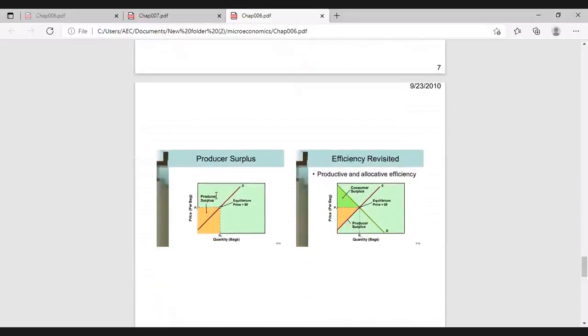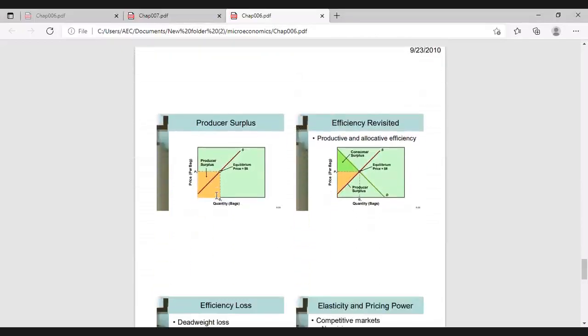So he receives that rectangular area as revenue, but the minimum acceptable price is the cost; the supply curve is the marginal cost.